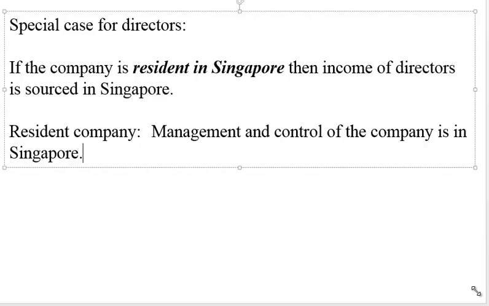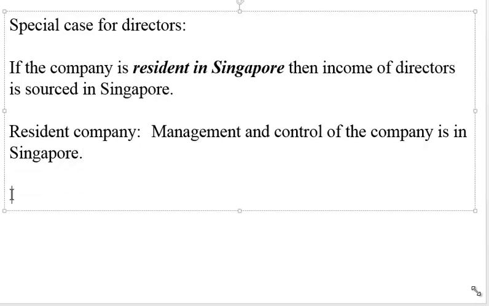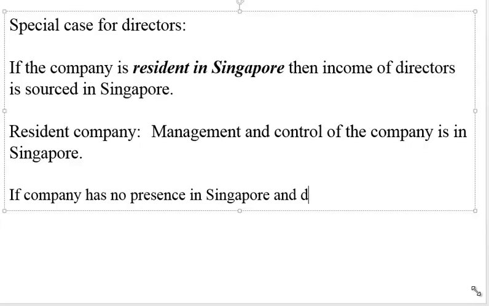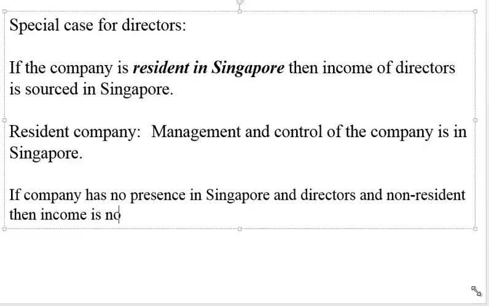However, you can mention one thing here. If the company has no presence in Singapore and directors are non-resident, then income is not taxable even if the meetings are held in Singapore.